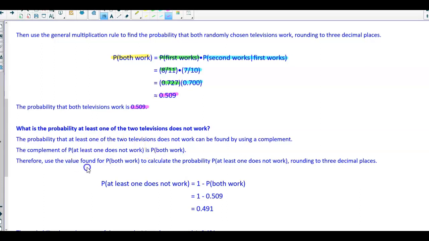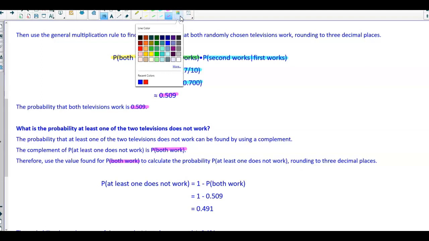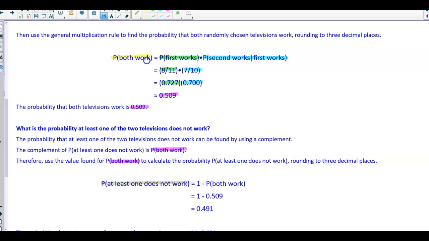Therefore, we're going to use the value that was found for the probability that both work to calculate the probability that at least one does not work, and then round it to 3 decimal places. We're looking for the probability that at least one does not work.